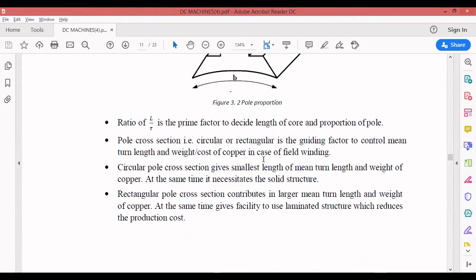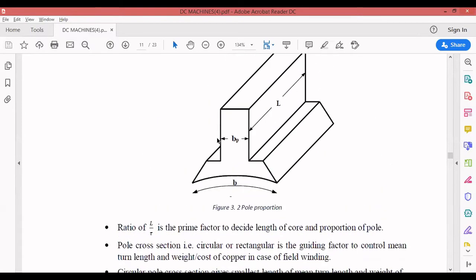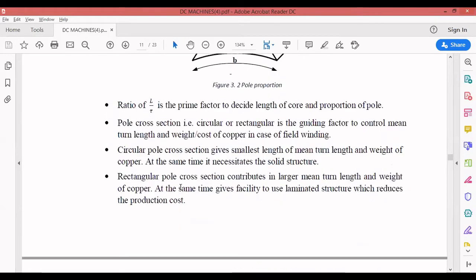If you go for a rectangular pole, the length of mean turn will be more. So a rectangular pole cross section contributes a larger mean turn length and weight of copper. With a circular pole the copper will be less; with a rectangular pole the weight of the copper will be more.